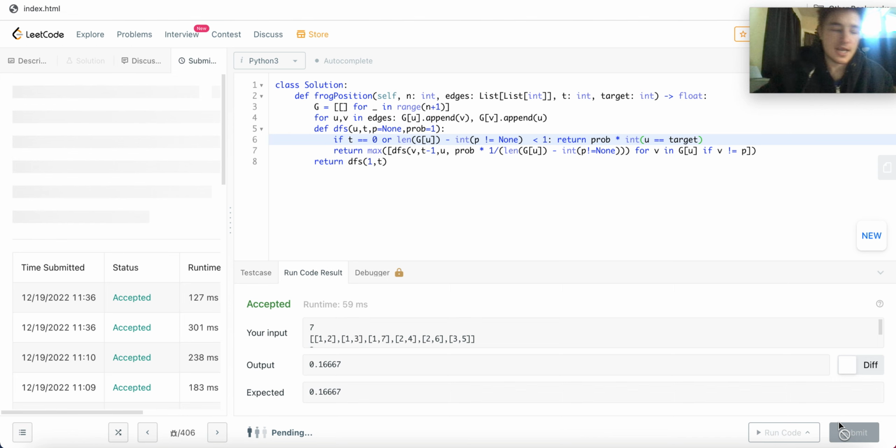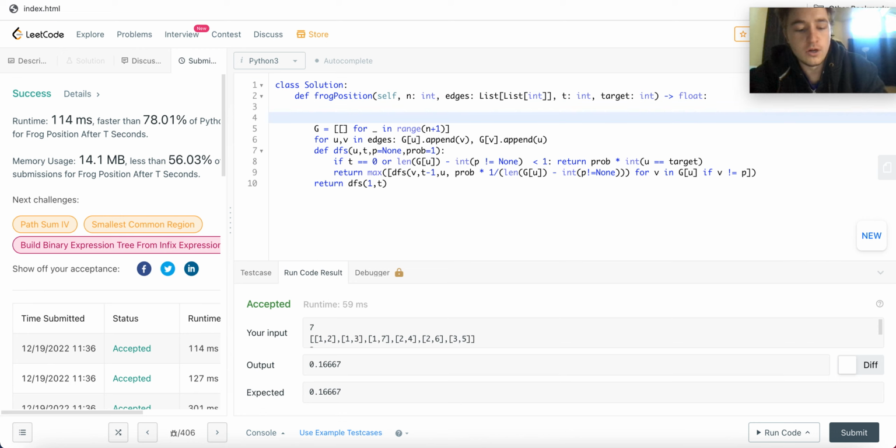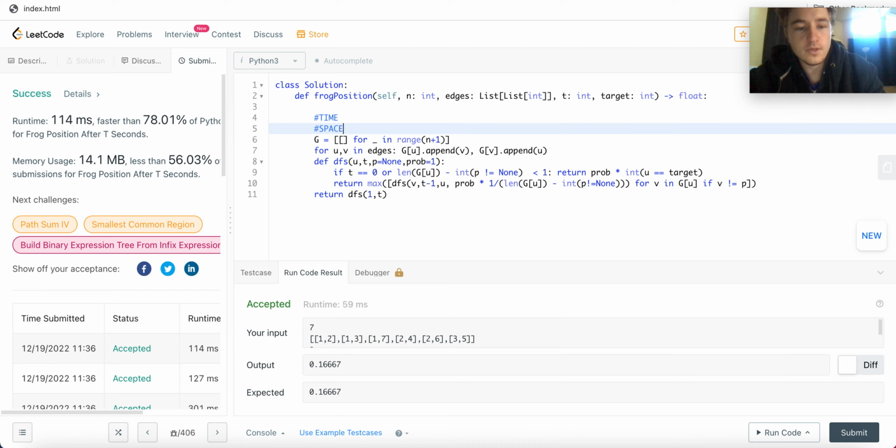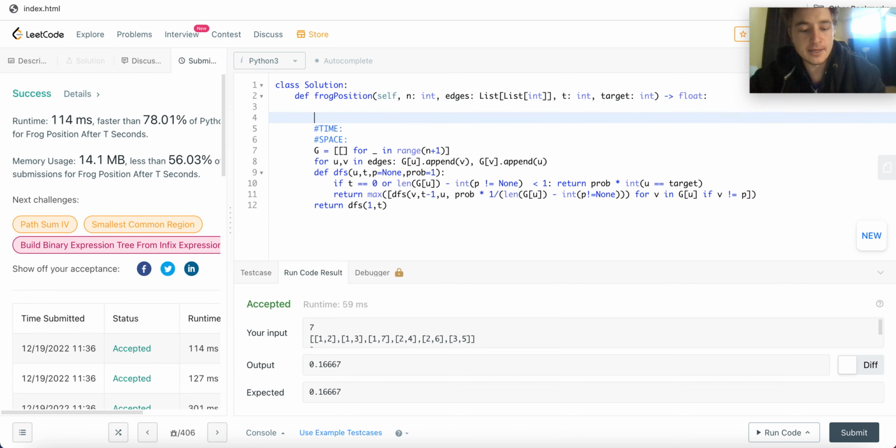So what's the runtime of this? And what's the space? That's pretty hard, actually, because it's a weird problem. Okay, so let's do time and space. Let's think about it. So we have to add each edge. So let's say that n is the number of vertices.